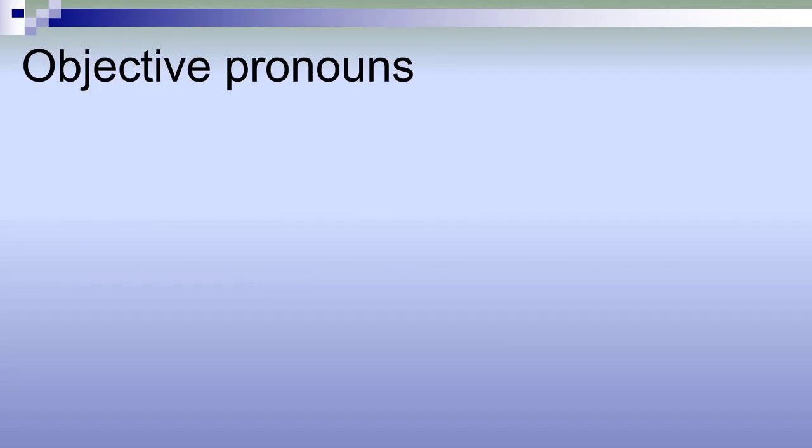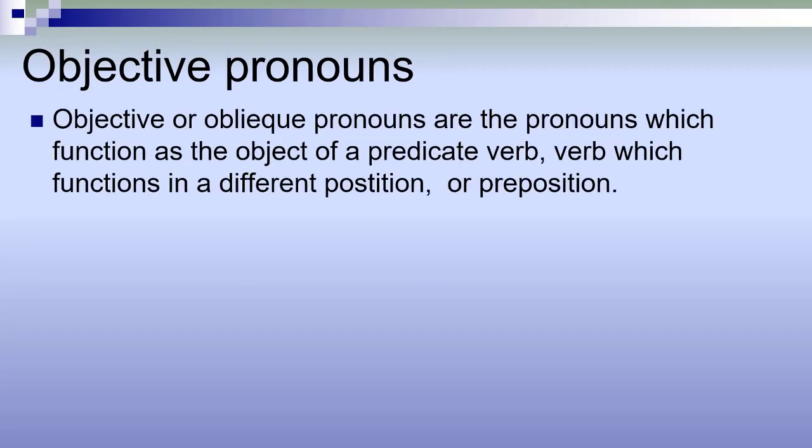Then we have objective pronouns, also called oblique pronouns, which function as the object of a predicate verb. So it comes after a verb in the predicate, or a verb which functions in different positions, like I want to buy it.